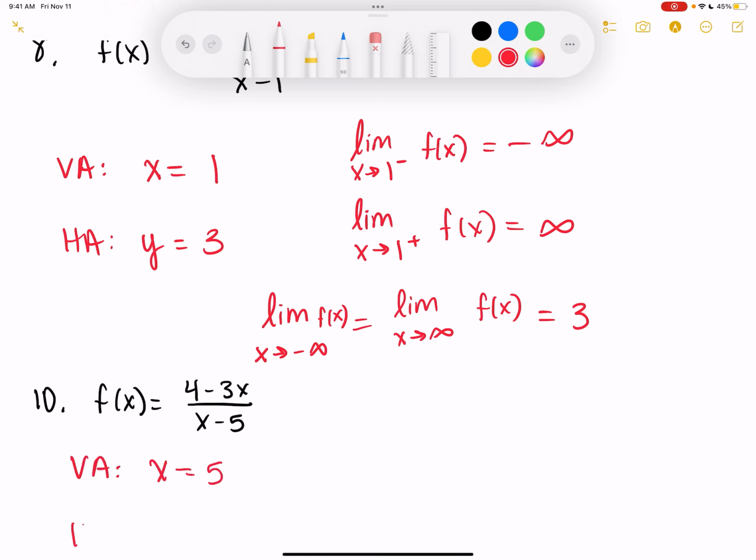Horizontal asymptote, negative 3. So these are written in the wrong order. You could rewrite it if you were so inclined as negative 3x plus 4 over x minus 5 so that you see it. So y equals negative 3.